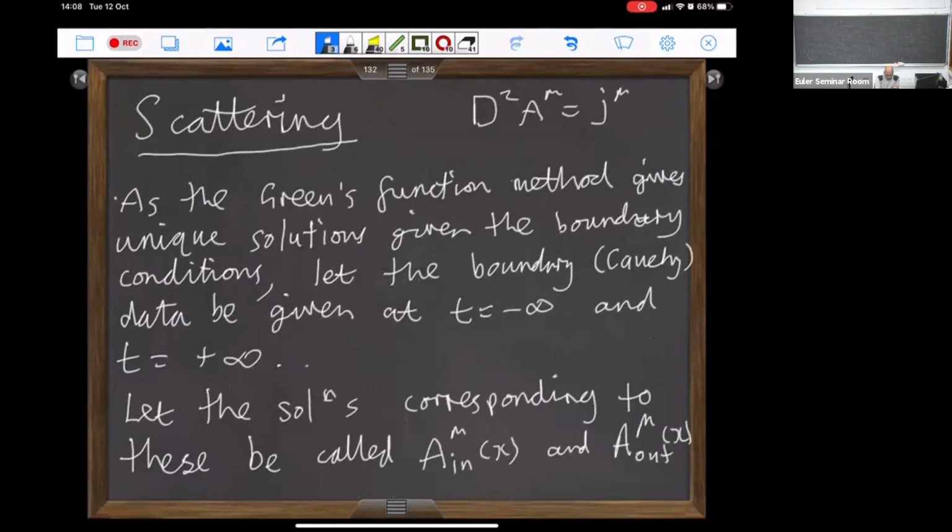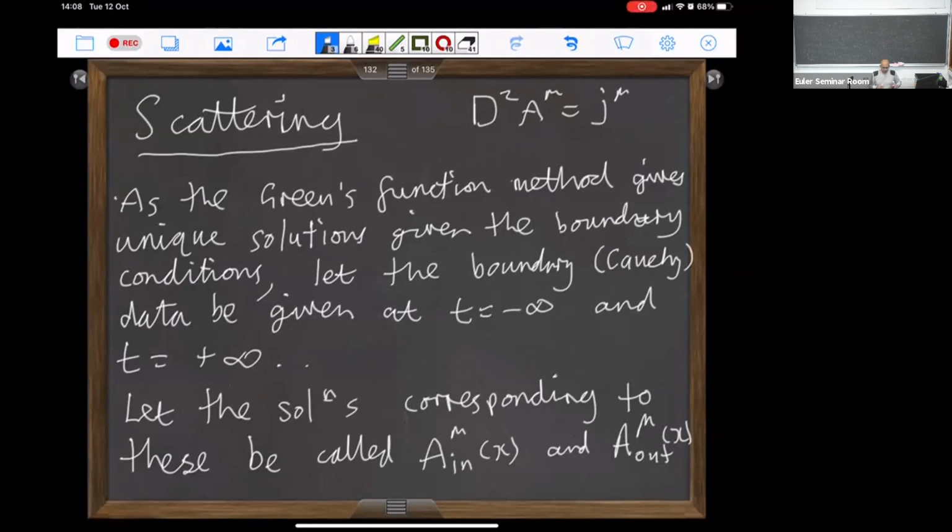So we'll finish this section by talking about scattering, which also emphasizes a bit more the interpretation of the Green's function.